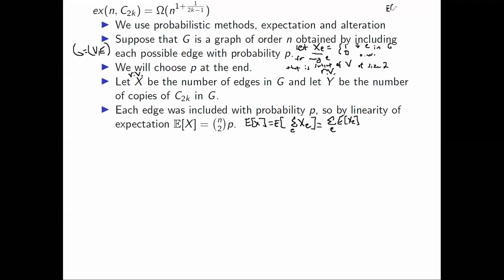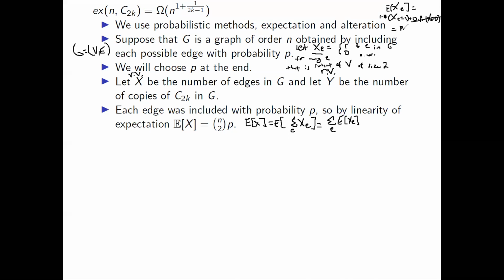So expectation of XE, we can write that as 1 times probability XE equals 1 plus 0 times probability XE equals 0. And this one just becomes 0 because it's 0 times something.